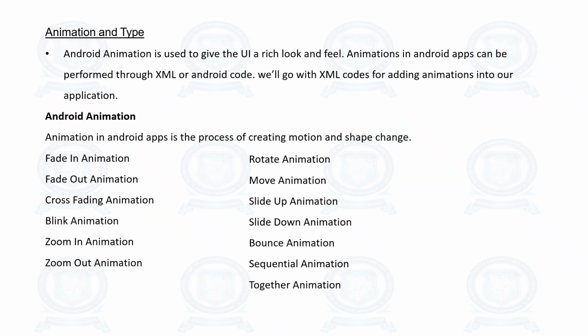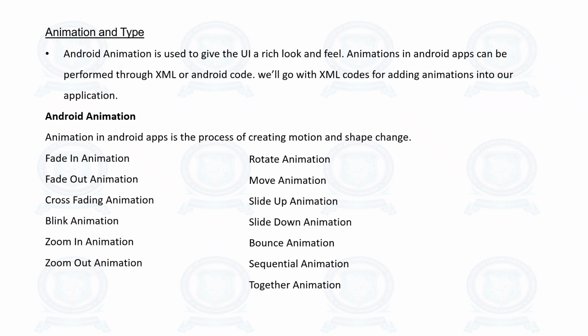Animations and types. Android animation is used to give the UI a rich look and feel. Animation in an Android app can be performed through XML or Android code. We use XML code for adding animation into our applications.